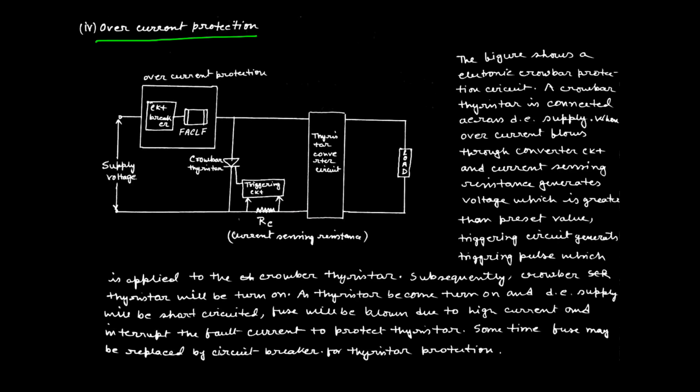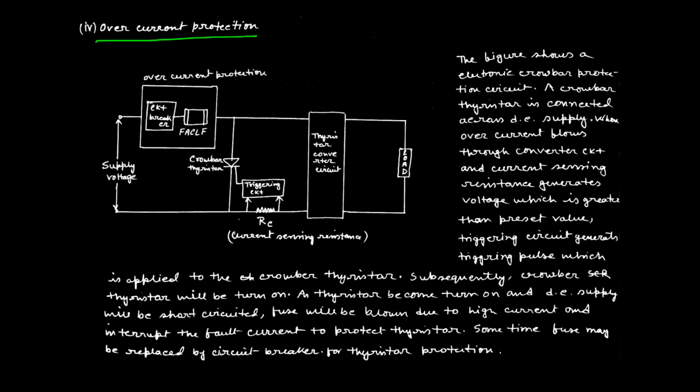After some time, we can easily replace the fuse and circuit breaker. Then the total converter circuit can again be connected to the supply without any problem. Okay, in this way, this Crowbar circuit and the current sensing resistance are both quite capable of protecting the total converter circuit from the overcurrent which is created under any circumstances from the supply.